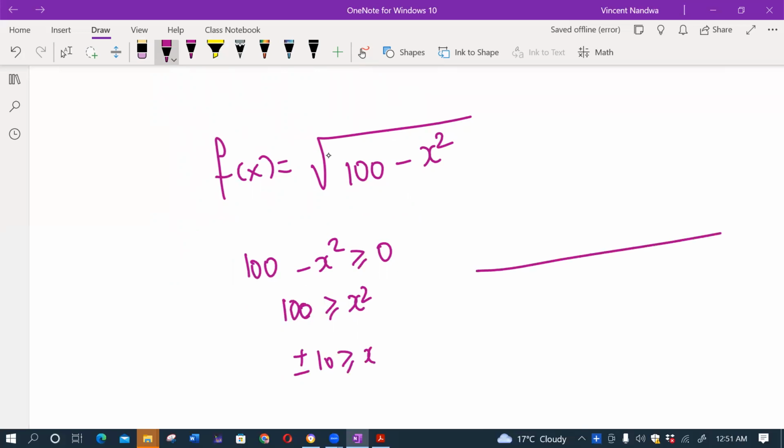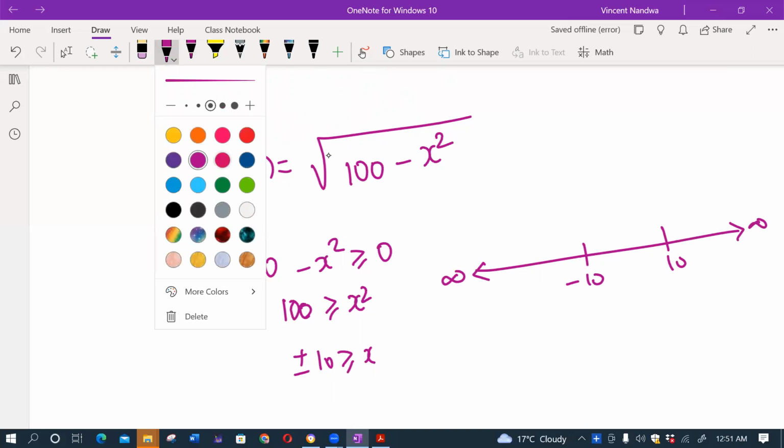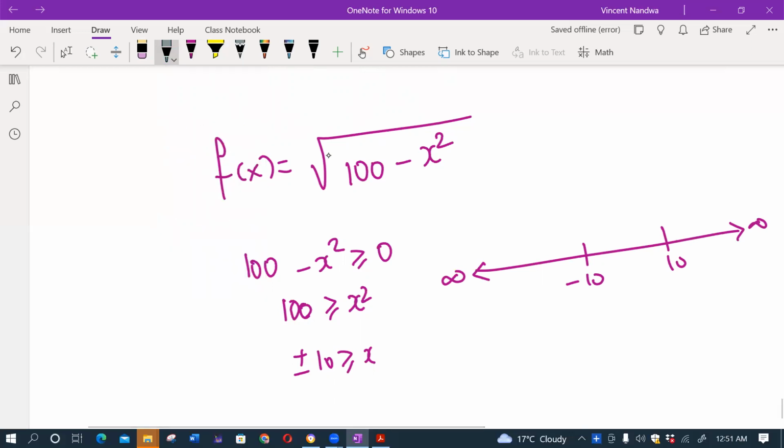Now, when it comes to testing, you'll have negative 10, 10, positive infinity, and negative infinity. So still we have three intervals: A, B, and C.